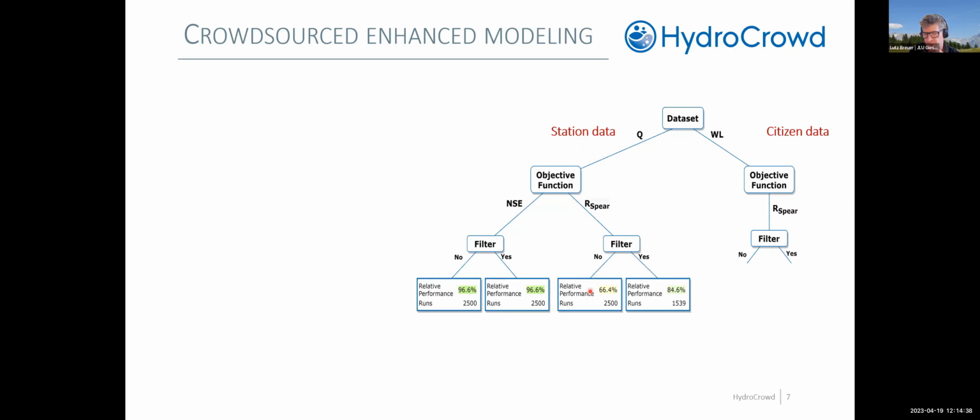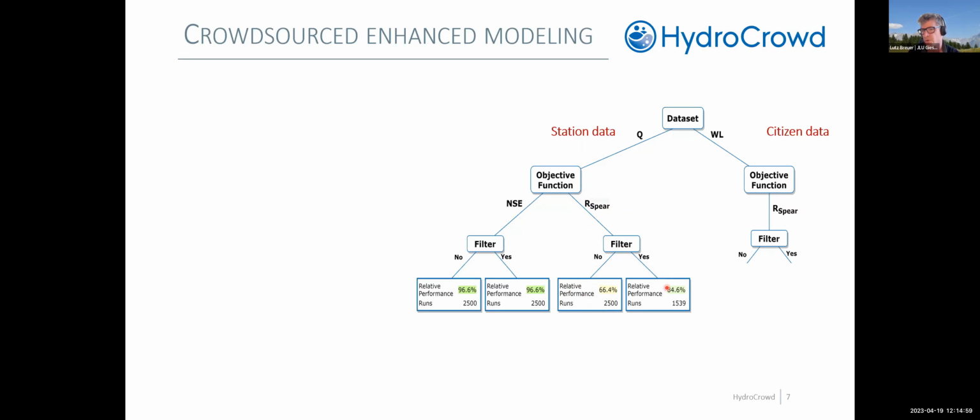As you can see, the relative performance dropped significantly to only 66%. But if we switch on the water balance filter, we can increase it again to 85%, which is using citizen science data. If we came up with such a result, it would be very good for us.